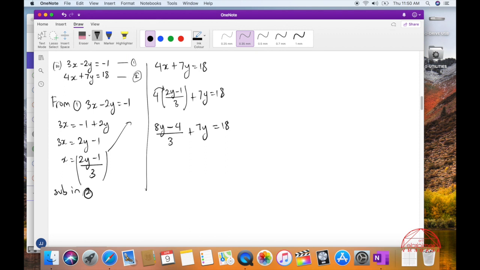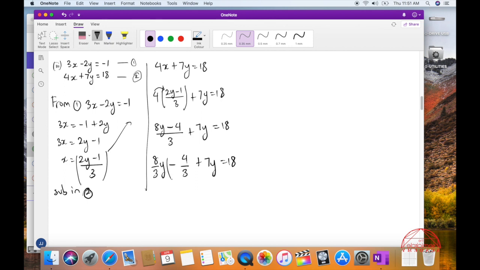Now let's split up this fraction here: 8 over 3y minus 4 over 3, because the 8y and the 4 are both being divided by 3. So I could split up the fraction like that. Plus 7y is equal to 18.